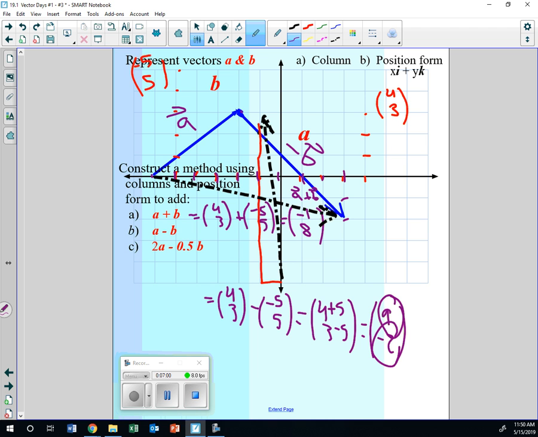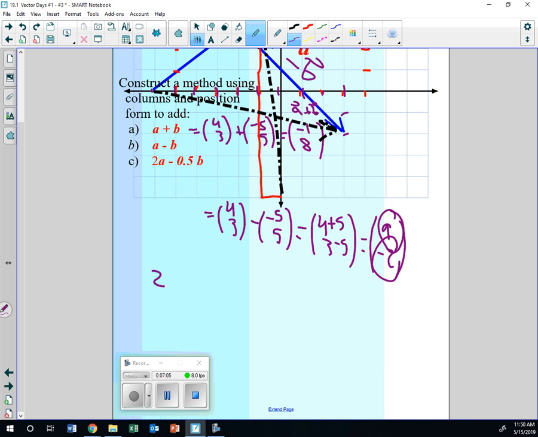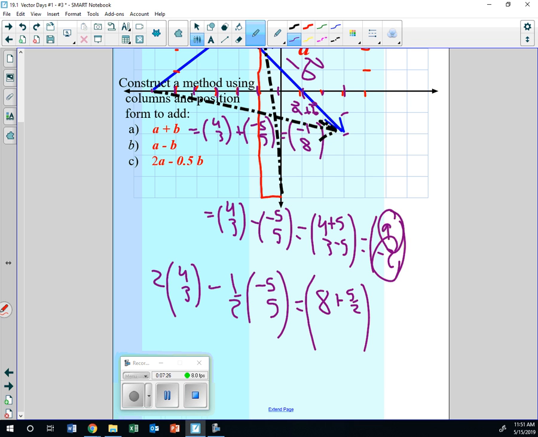Now we can do this one, 2A, which was 4, 3, minus 1 half B, which is negative 5, 5. Okay, so 2 times 4 is 8, plus 5 halves, and then this is 6 minus 5 halves.